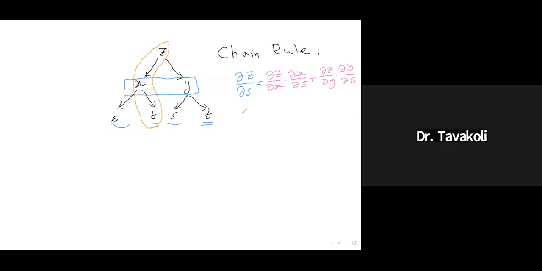So partial derivative of z with respect to t is equal to partial derivative of z with respect to x times partial derivative of x with respect to t. The other way to get to t is through y. This is the path. So actually, this should be added to the product of partial derivative of z with respect to y times partial derivative of y with respect to t.